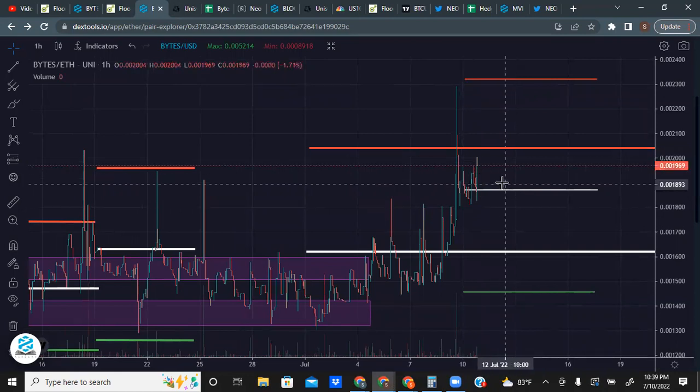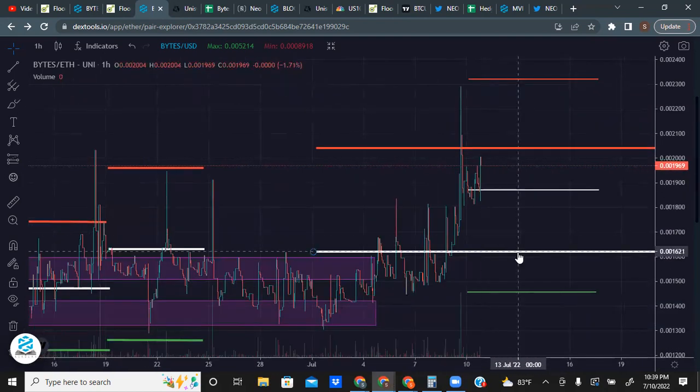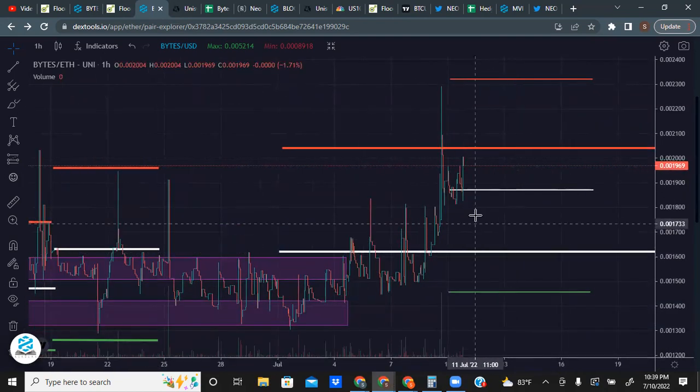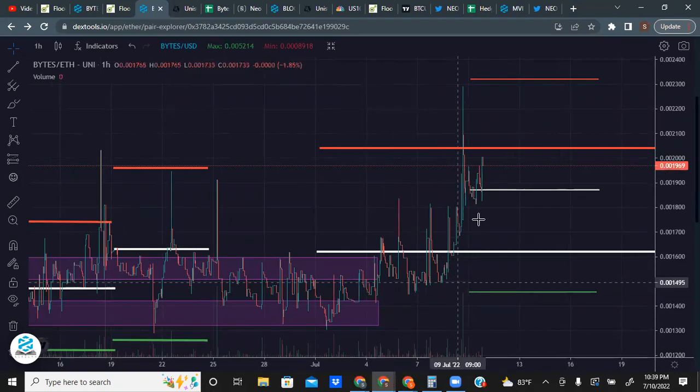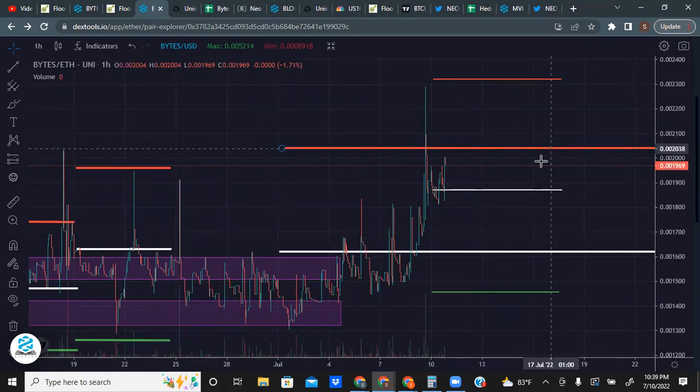I did actually start to layer out of my bytes, and I've sold probably more than I should have. So I will be looking to take advantage of this liquidity pool to get some more fees. And just to finish up on the pivots, you can see here, obviously we got one at this 0.002.